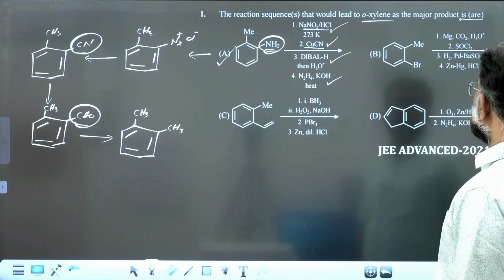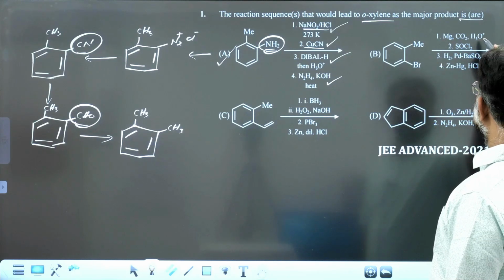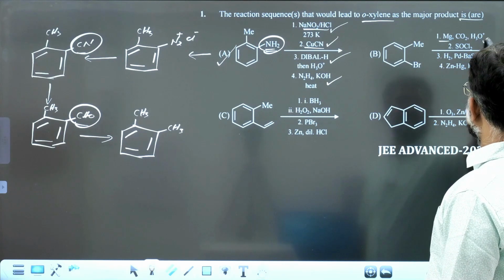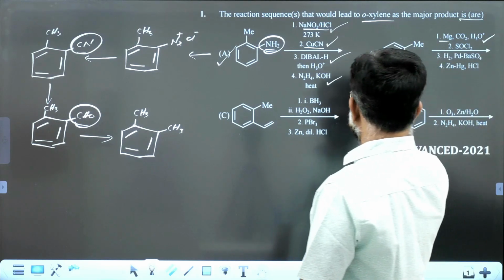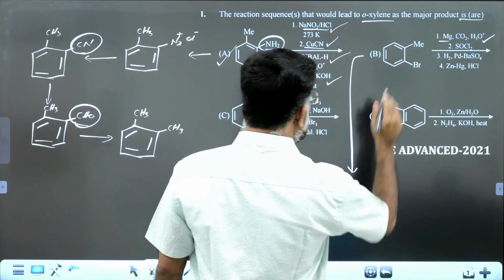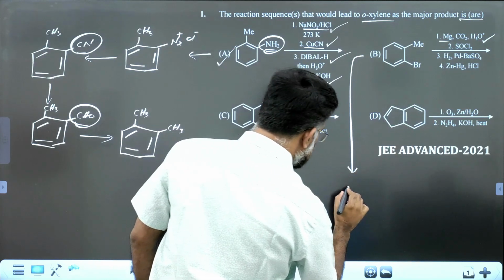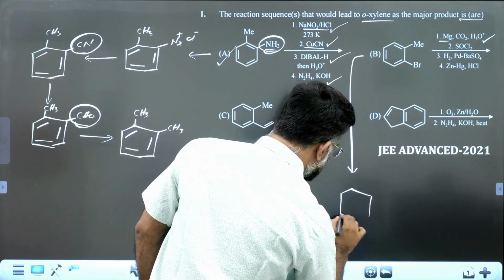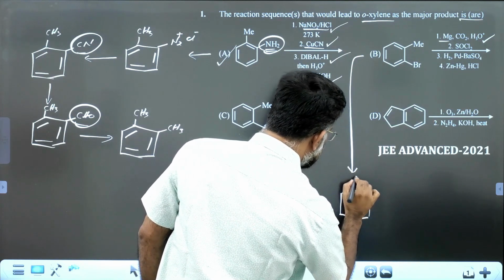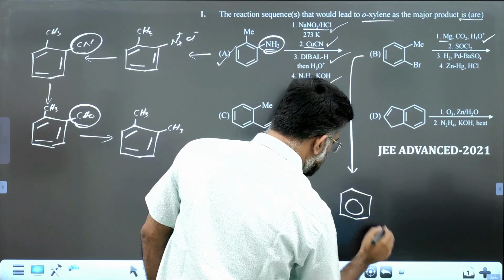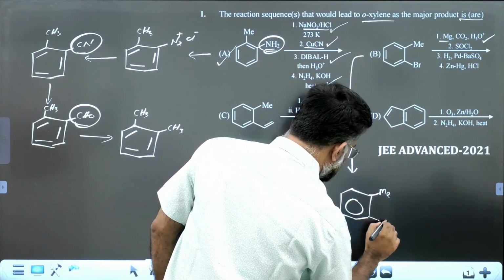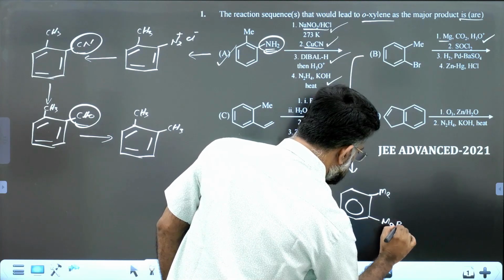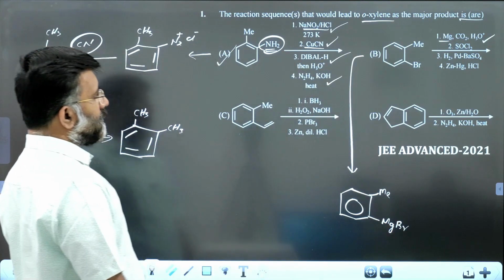There is a methyl group and bromine. First reaction, magnesium, carbon dioxide, hydrolysis. Treating with magnesium, you get a Grignard reagent. There is a methyl group here, and here you will get MgBr, Grignard reagent, isn't it?